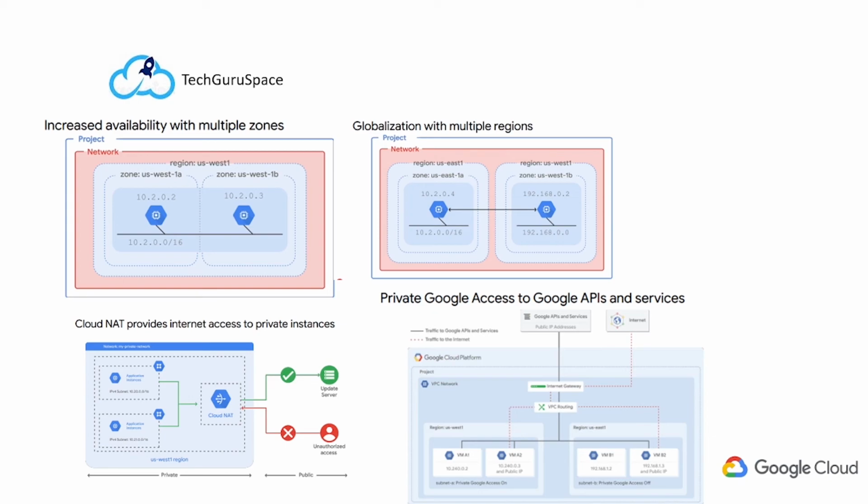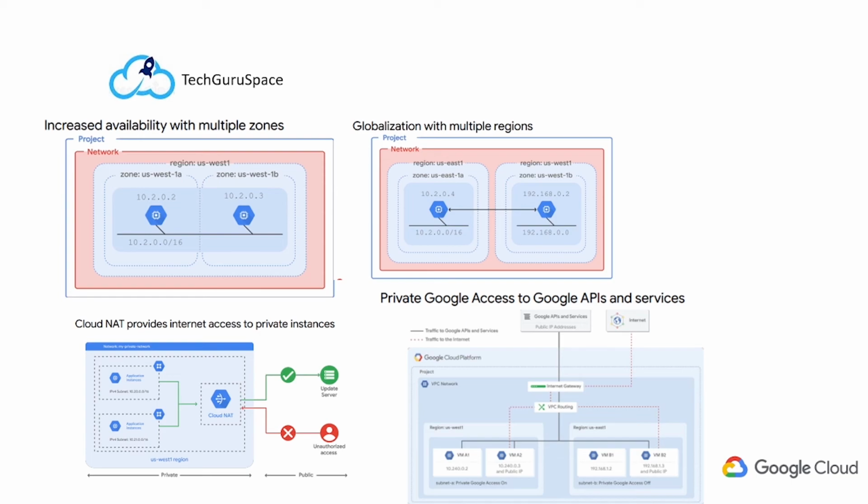As you can see in this diagram, subnet A has private Google access enabled and subnet B has it disabled. This allows VM A1 to access Google APIs and services even though it has no external IP address. Private Google access has no effect on instances that have external IP addresses.